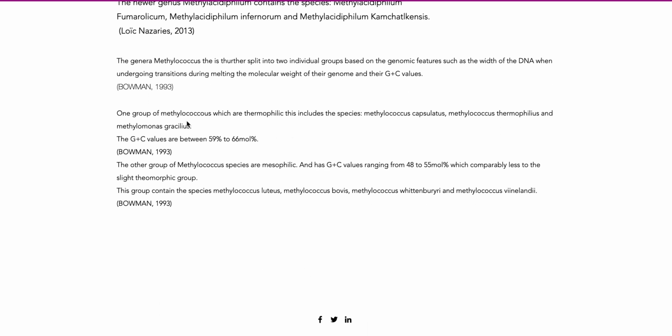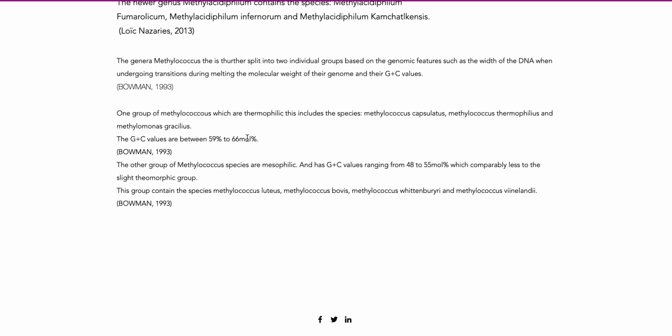But going back to one of them being Methylococcales, there's two different groups which have been considered to be classified differently, one species being more mesophilic, and the other being more thermophilic.